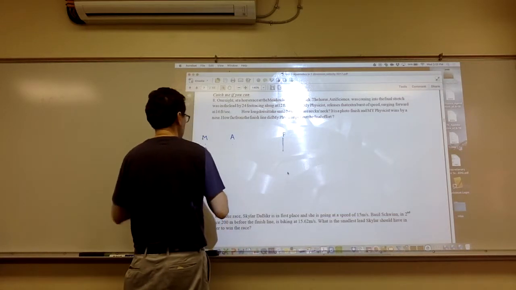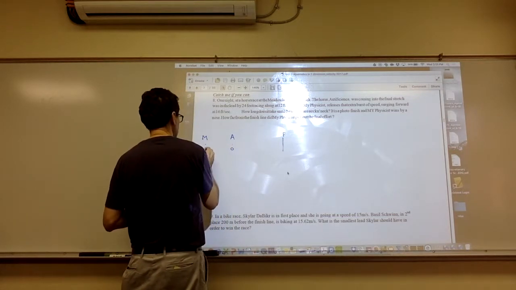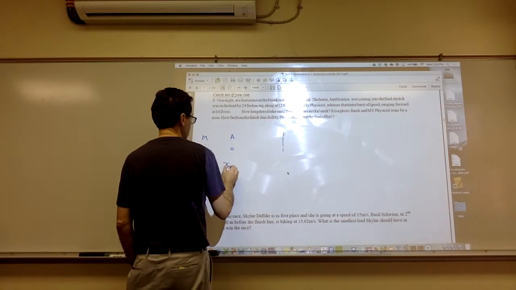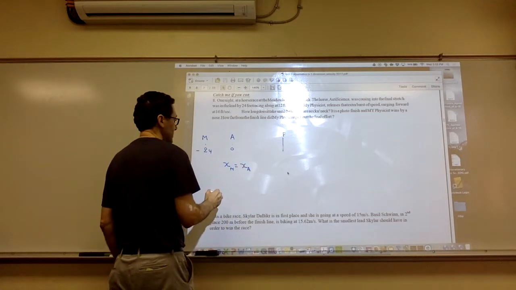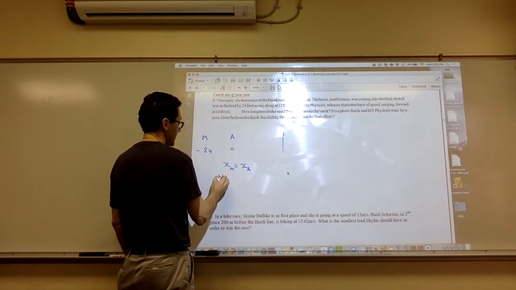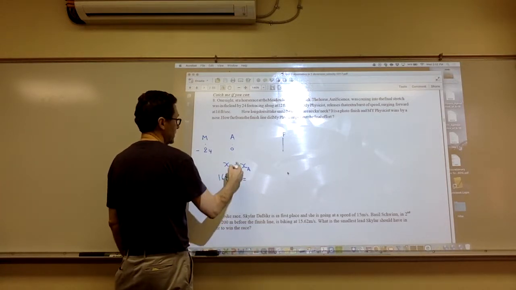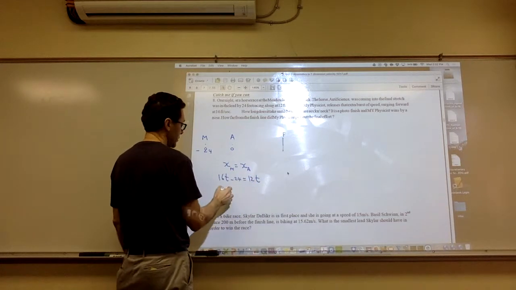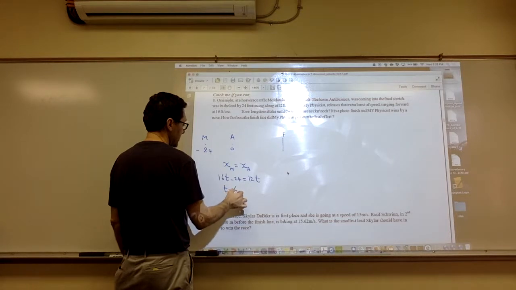And I also tried it by setting this position here as 0, so this is going to be negative 24. Now the x of my physicist equals the x for Anti-Science. So for my physicist, it's going to be 16t minus 24 equals 12t. So you can see that the 24 just changed places. So this is going to be 6 seconds.